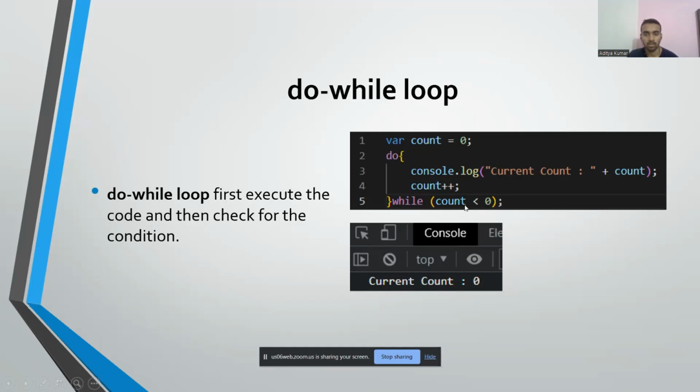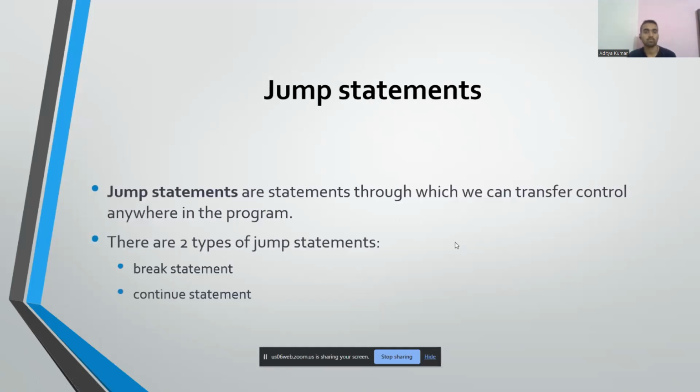So if the condition is count less than 0, which is false, we still get this output. If we had executed this in a while loop, we wouldn't have gotten any output, because it would have first checked the condition and it would have been false.